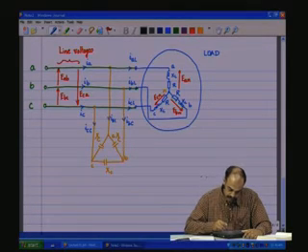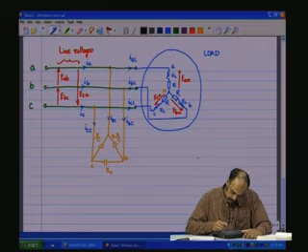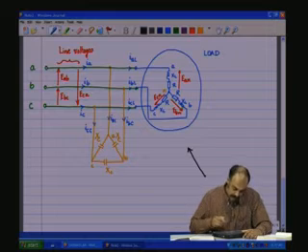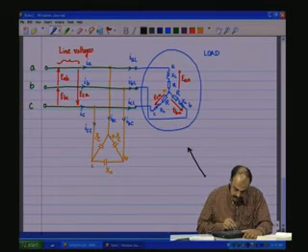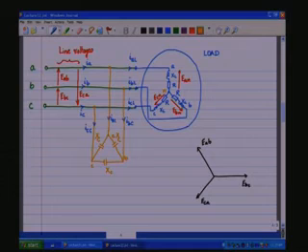So, EAB, let me put EAB like that, because there is a delta circuit, I am trying to follow that triangle EAB. Now, the capacitance currents IAC, IBC, ICC, they are the line currents for the delta network, and EAB, EBC, ECA are the line voltages.